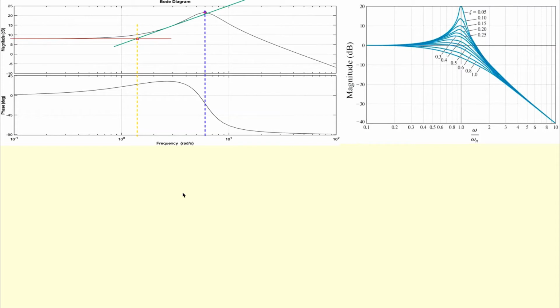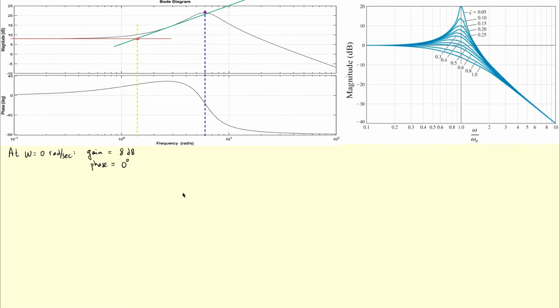So if I now look at the situation, let's first begin at DC. So what we have is at omega 0 radians per second, which is DC, I have a gain of 8 dB approximately. And the phase here is, as you can see, 0 degrees.